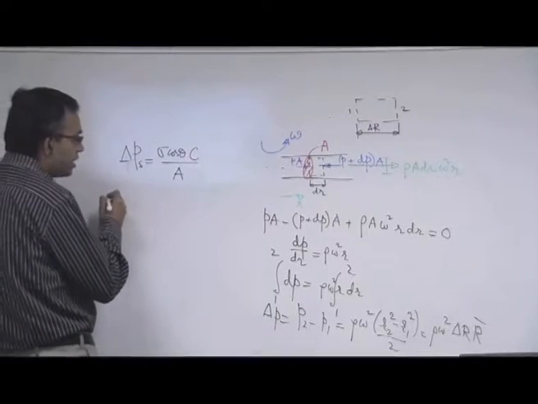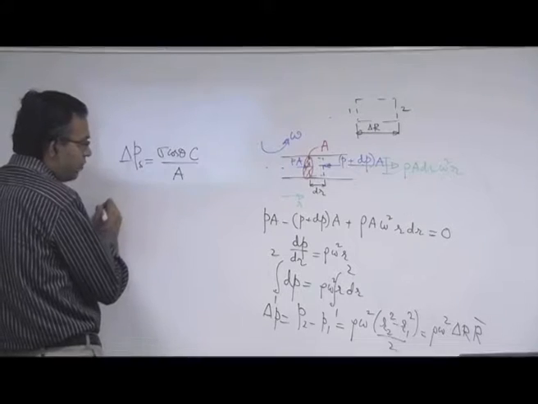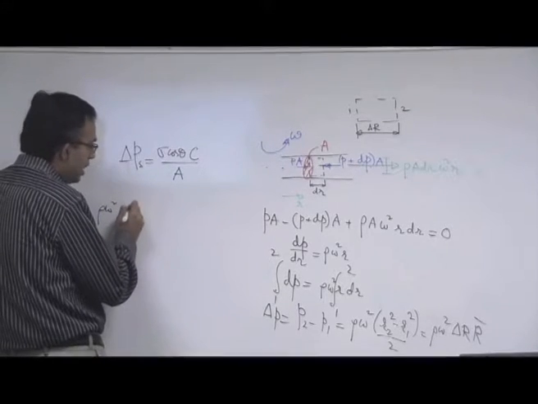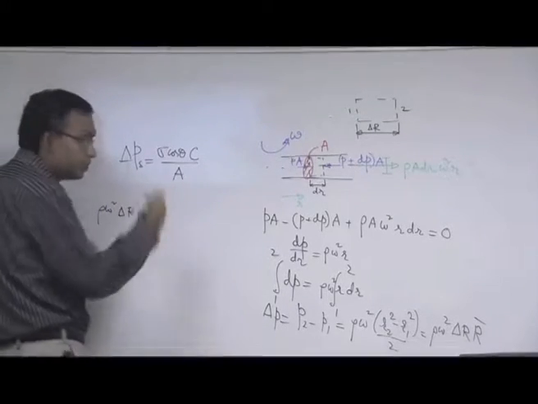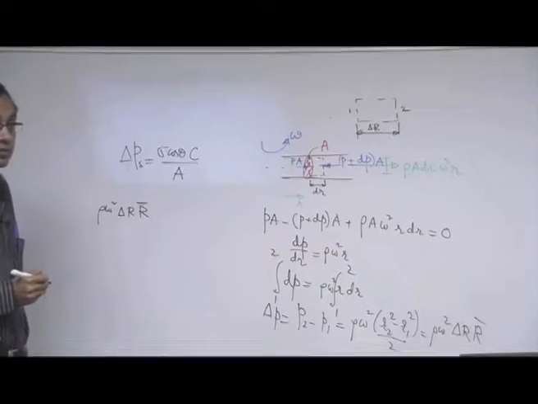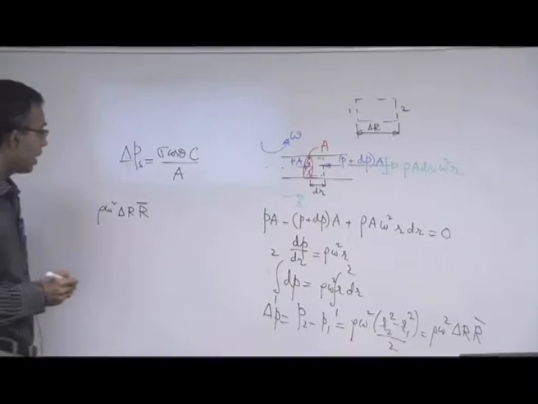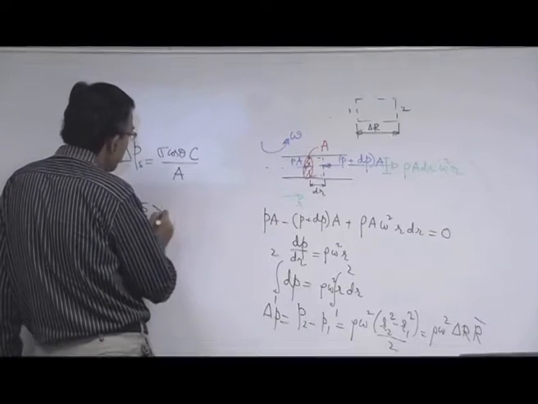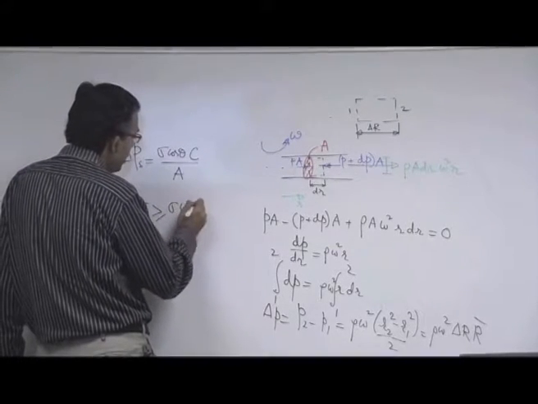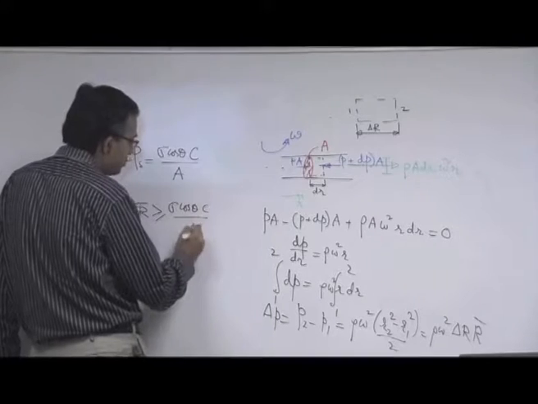So the fluid will start flowing when you have rho omega square delta r into r bar greater than or equal to sigma cos theta into C by A.